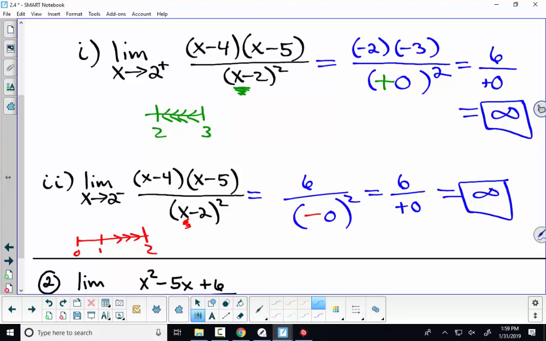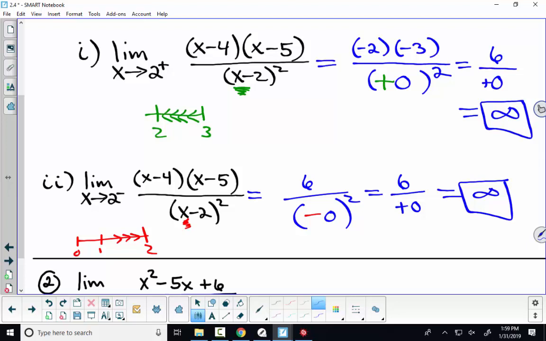So even if we didn't know anything about that function, once we compute these limits, x is approaching a finite number, my limit's approaching infinity. That automatically tells us that we have a vertical asymptote when x is equal to 2. Is everybody okay with that?